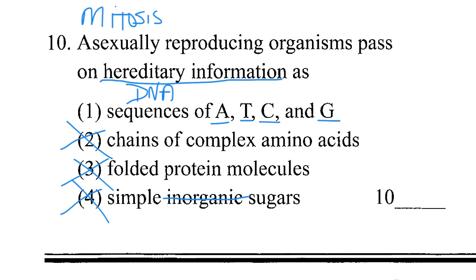So the answer here is option 1. Asexually reproducing organisms pass on hereditary information as sequences of adenine, thymine, cytosine, and guanine, ATCG. Also, this is true for sexually reproducing organisms. All organisms on Earth pass on hereditary information to their offspring through DNA with sequences of A, T, C, and G.